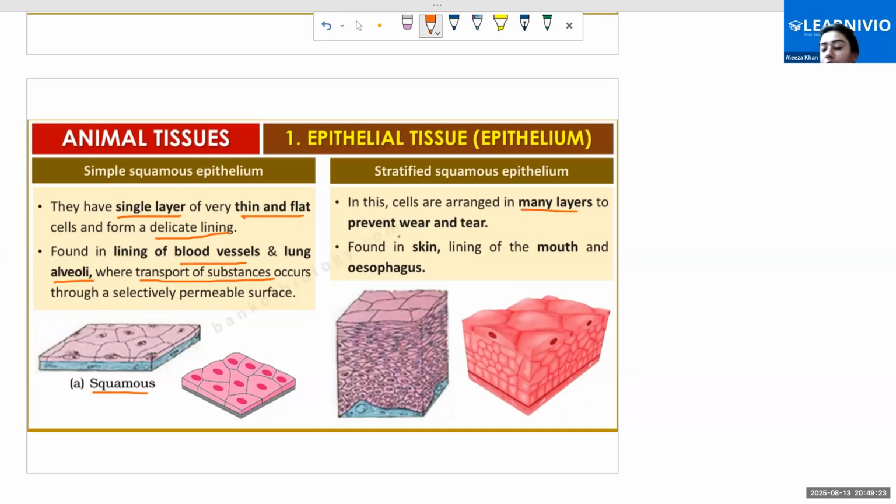Why are multiple layers there? Mema, why is there multiple layer? Yes, ma'am, to prevent wear and tear. Yes, what do you mean by wear and tear, Mema? What is wear and tear?